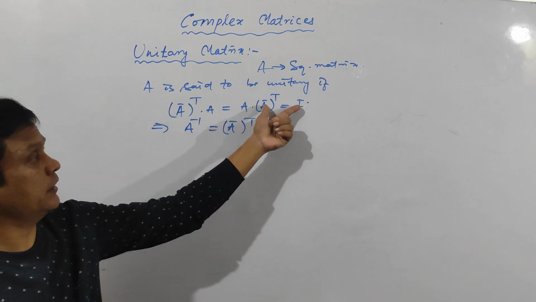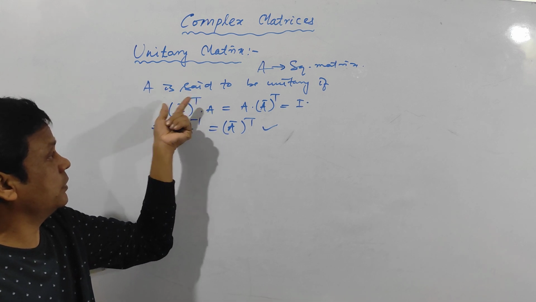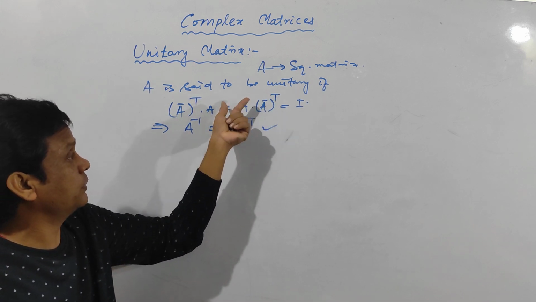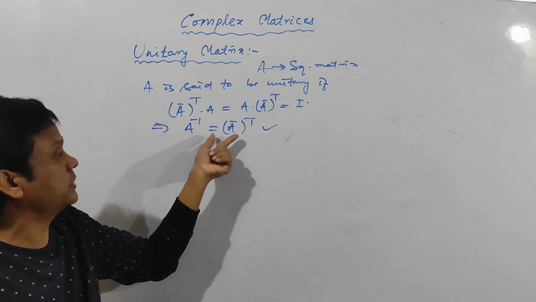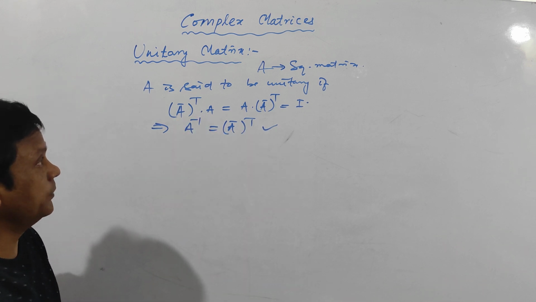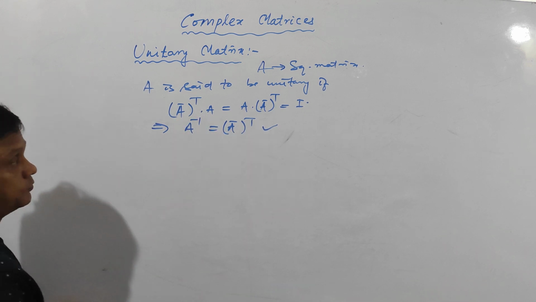Either you can say A into A bar transpose, or A bar transpose into A is equal to I, or A inverse is equal to A bar transpose. This is the definition of a unitary matrix.